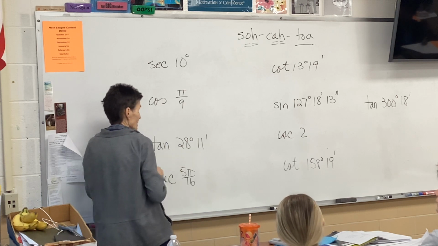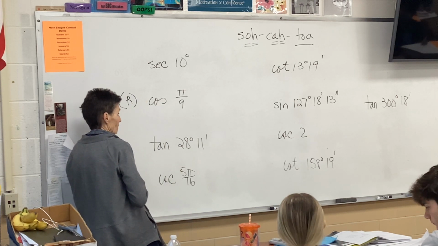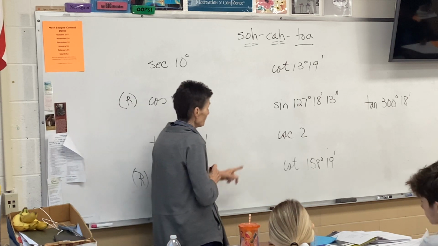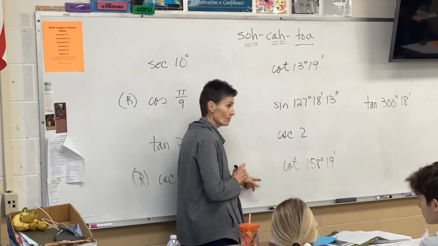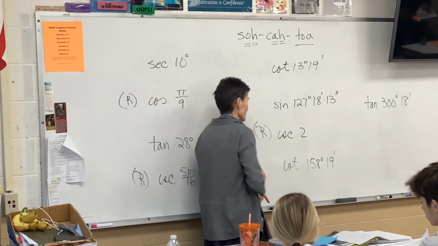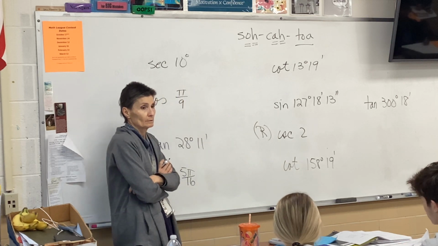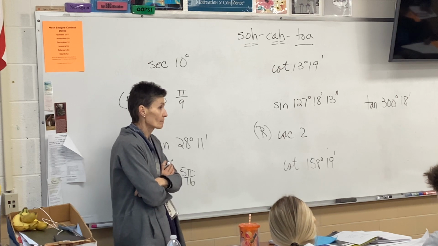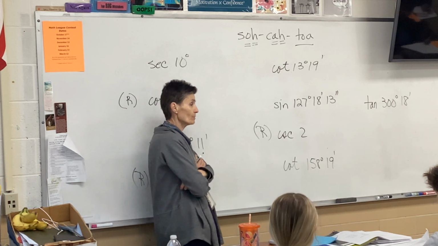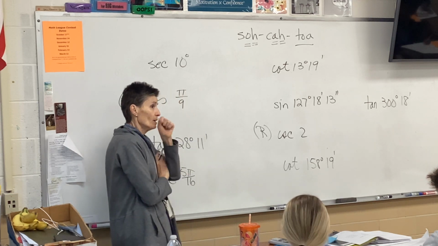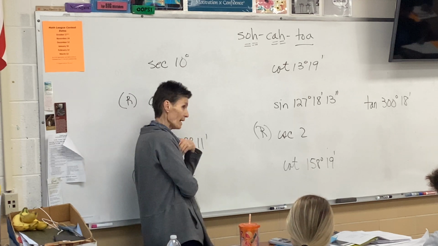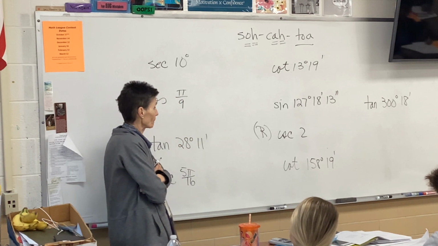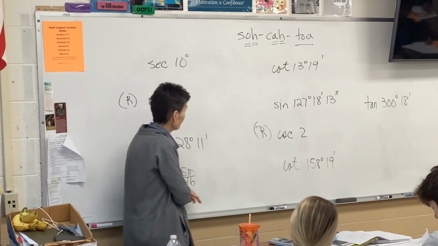Do you see any other radians up here? This one's a radian. Any radians over here? Actually, there is one. It's right here. How do I know that's a radian measure? Because it doesn't have a degree mark. If it doesn't have a degree, then it's a radian. Does it have to have a pi? Nope. Usually they do, but they don't have to.